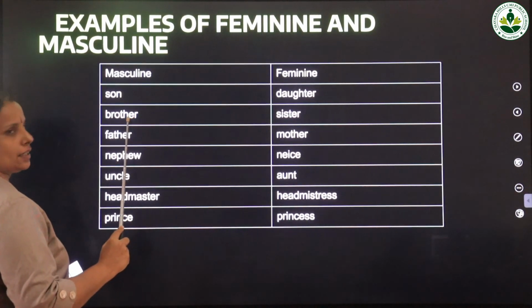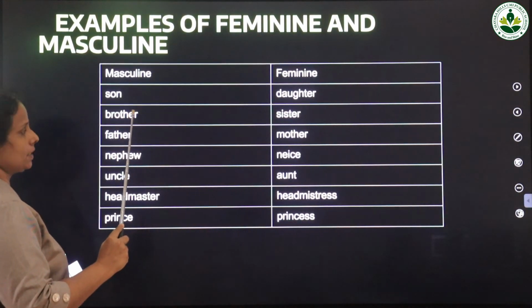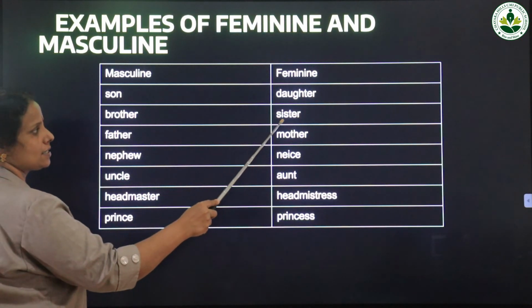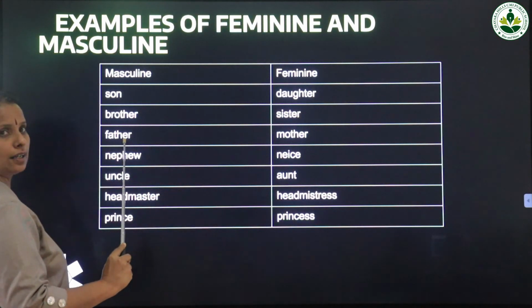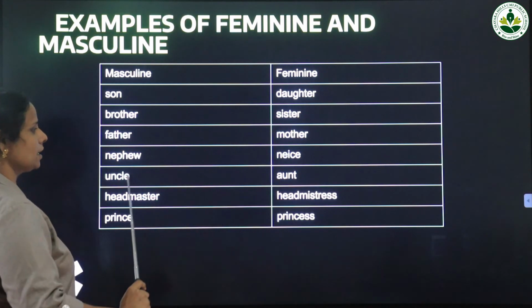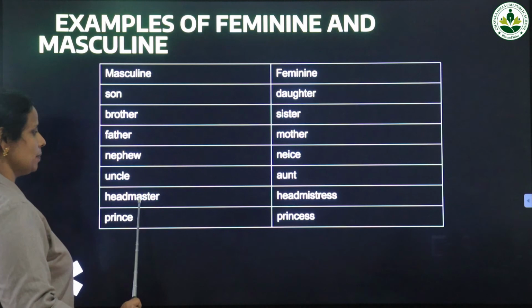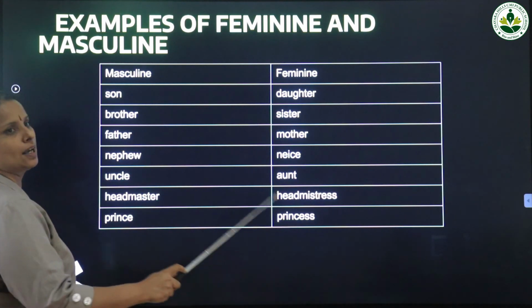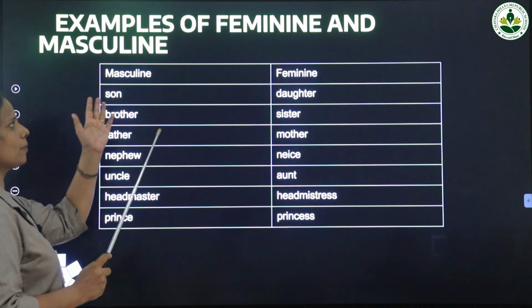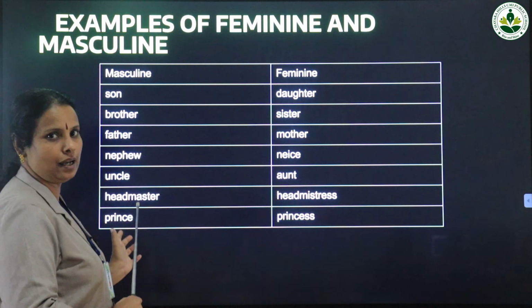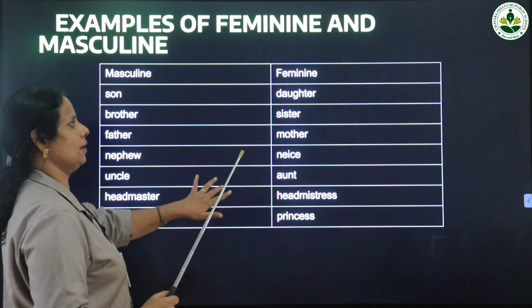Brother, it's a male noun, feminine is sister. Father, mother. Nephew, niece. Headmaster, headmistress. Prince, princess. These are examples of masculine and feminine genders. Masculine means male and feminine means female.